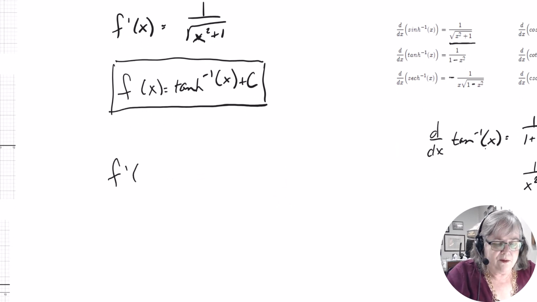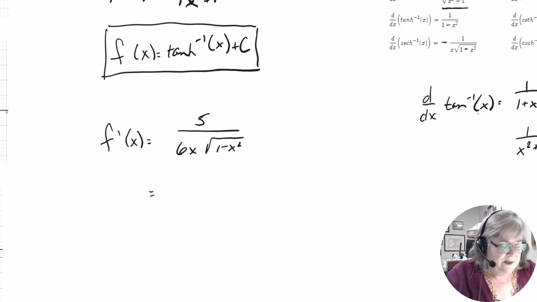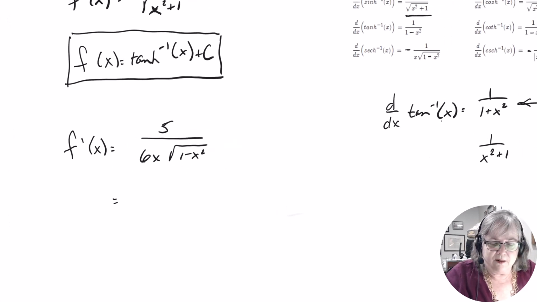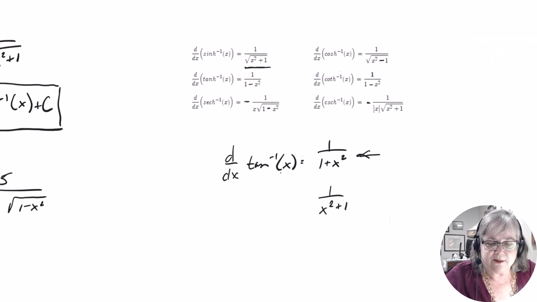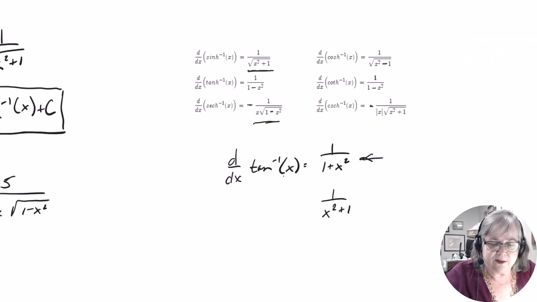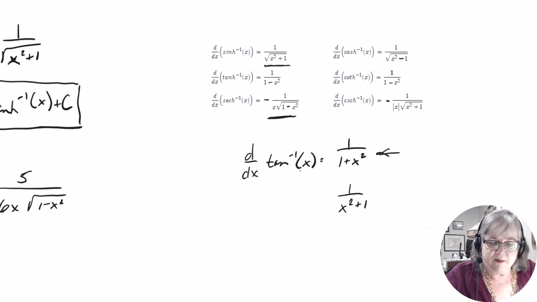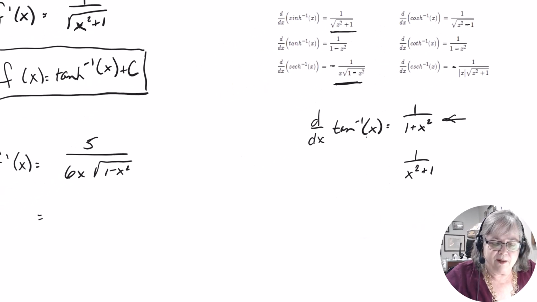So if I tell you you took the derivative of something, you would say, all right, so I need an x and a 1 minus x squared, and that looks like this one right here, okay? And I'm trying to make it look like that pattern.